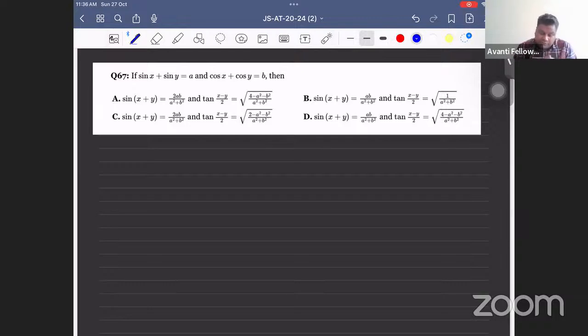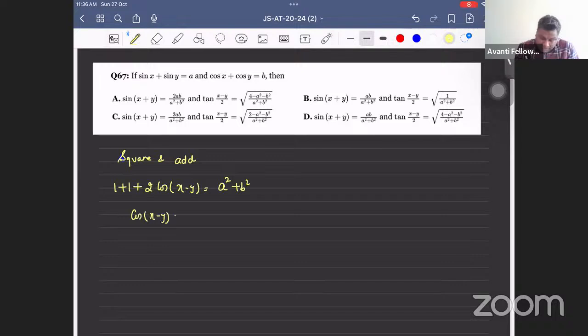So first of all, what I will do is square and add. If you square and add, it is 1 plus 1 plus twice cos of (x minus y). It is A square plus B square.